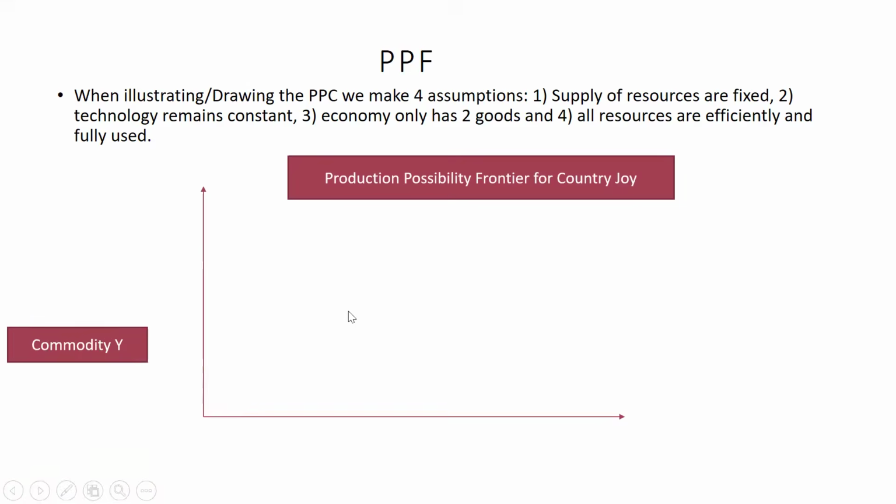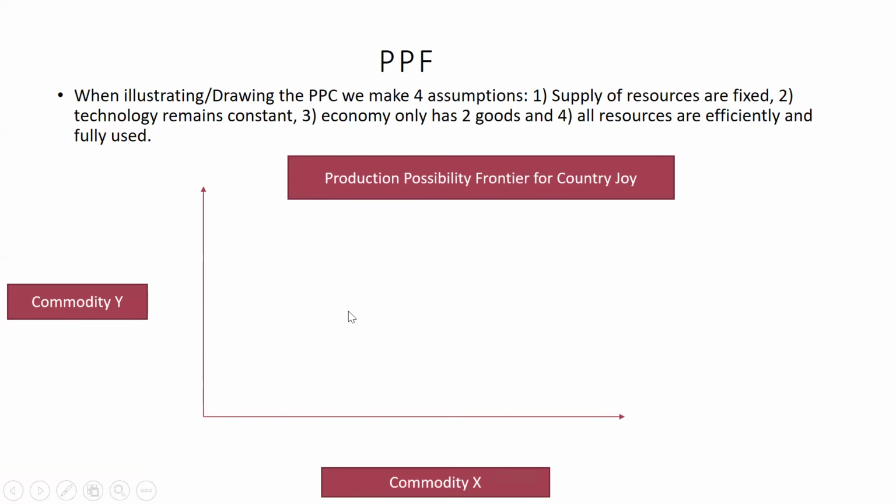This is how it looks. You'll have one axis with the first good. The next axis will have the second good. Here would be 0, this point. And it will plot all the different points.